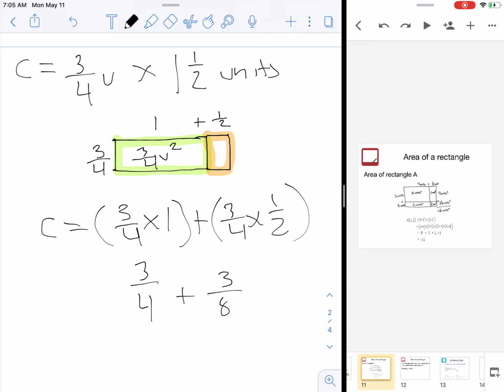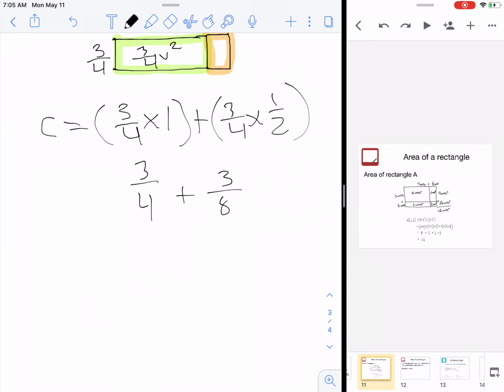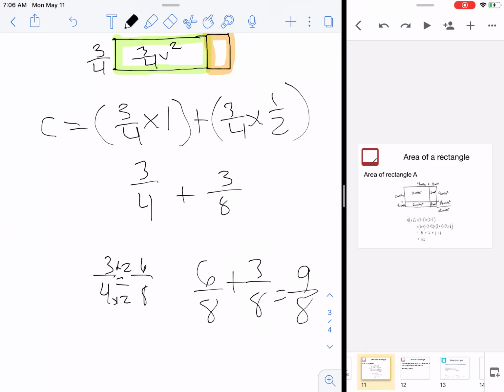Can we add these together? No, we can't because the denominators are not the same. So we're going to turn our 3/4 into 8s. So 3/4 equals how many 8s? 4 times 2 is 8, so 3 times 2 is 6. So we have 6/8 plus 3/8, which gives us 9/8.